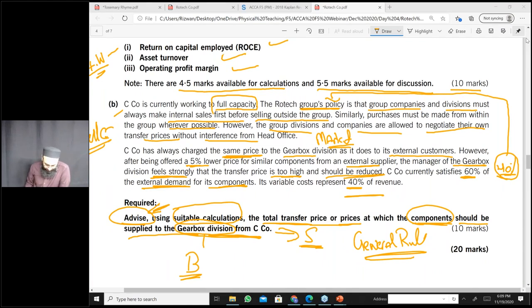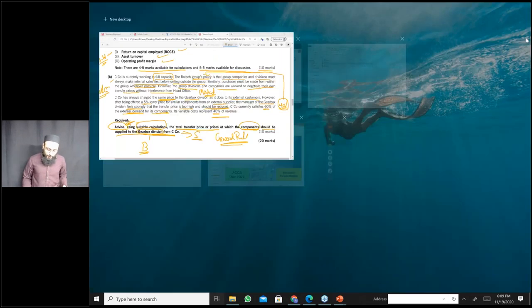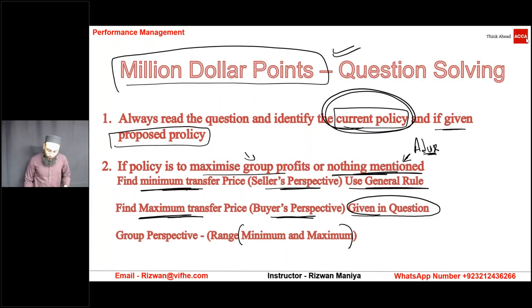Now, how to approach the general rule, that I will now let you know. You know that we have to follow the general rule, right? But now I'll tell you how to approach it.